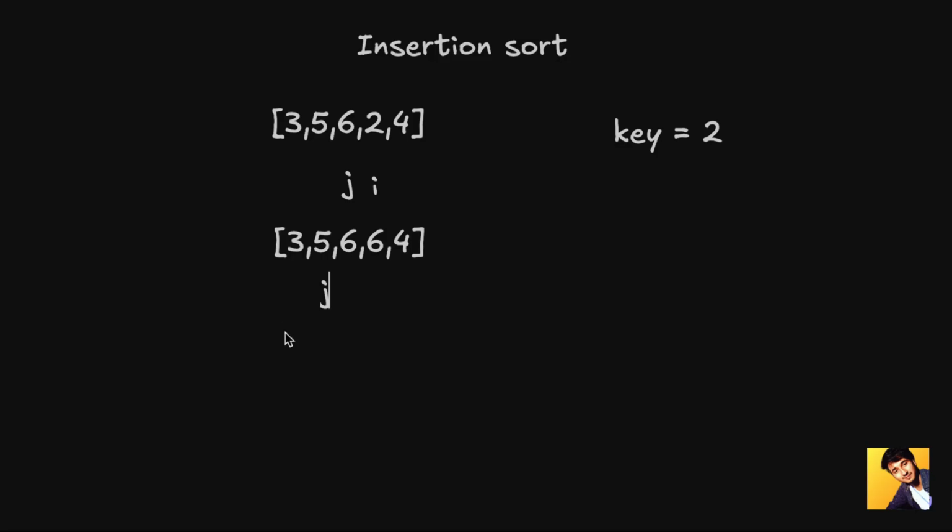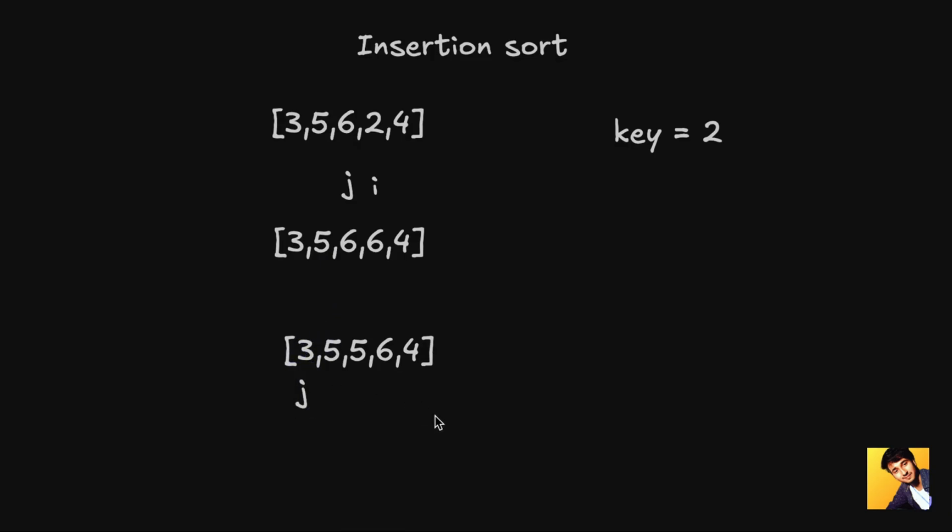So now what will happen with 3, 5, this becomes 5 now. So now this is 6 and this is 4. Now again j will come to this position.